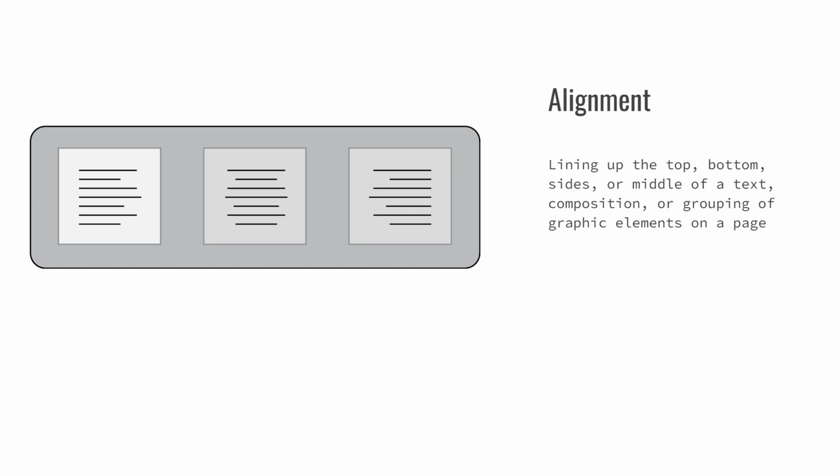I also want to point out in terms of alignment that in Western culture, so, Europe, US, those kind of cultures, we read left to right, top to bottom. This is not true of every culture, so be aware of your target audience again.